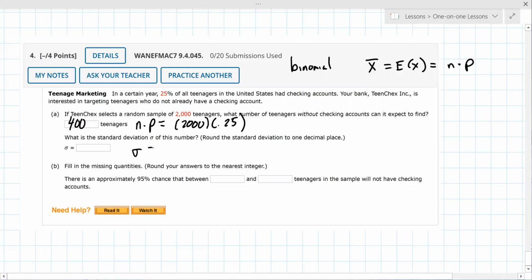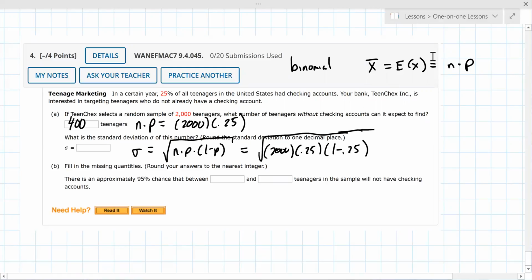Your standard deviation, your sigma, is the square root of n times p times 1 minus p. So it's the square root of 2,000 times 0.25 times 1 minus 0.25. We need to get a value for that. So let me get caught up to you on that. All right, so that ends up being 19.36.